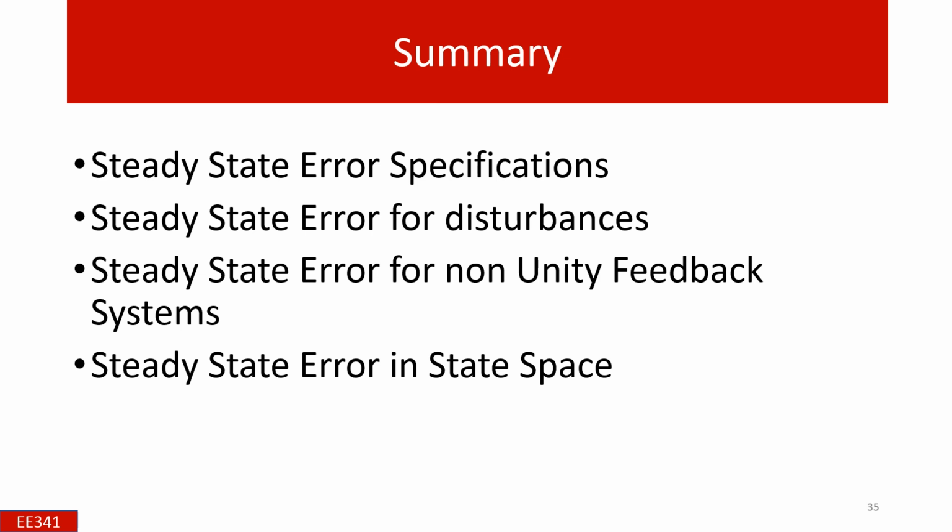And we combined both concepts, disturbances and non-unity feedback, and we also derived the steady state error for the specific case. We also discussed the steady state error in a more specific way: if the system information is represented in the time domain, how to find the steady state error.